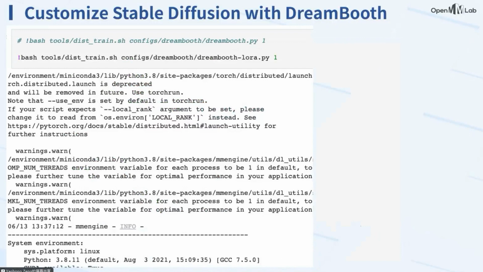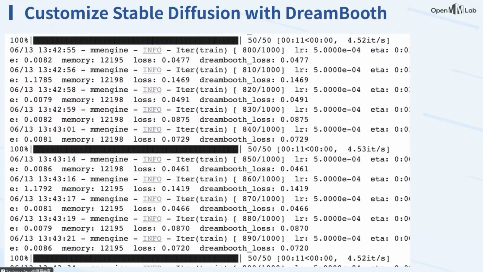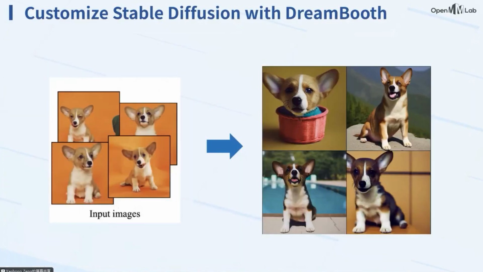And then just one line to start our training. If you can see all these logs printed on your screen, it means you have successfully customized your own stable diffusion. And here are some results.